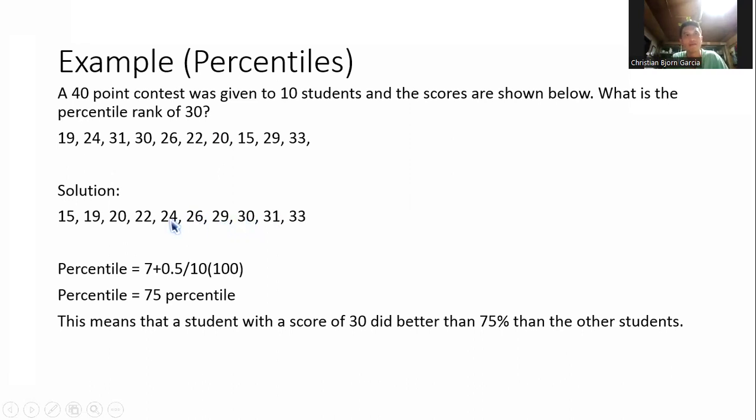So 1, 2, 3, 4, 5, 6, and 7. So 7 plus 0.5 over 10 multiplied by 100 is equal to the 75th percentile. This means that a student with a score of 30 did better than 75% of the other students.